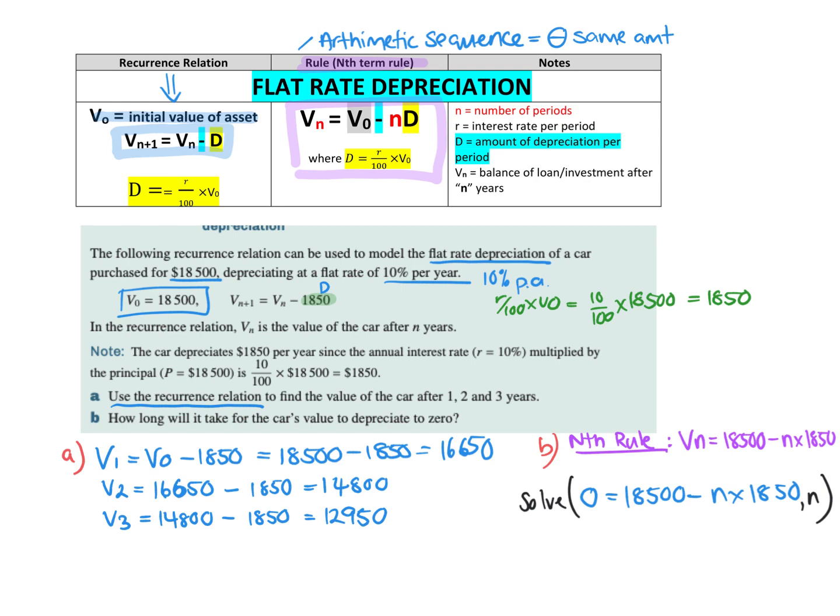So you do solve, and then you'll end up with n equals 10. Okay, so therefore, how long will it take it to depreciate to 0? 10 years to be 0. Now, what you need to also start doing with finance is think practically, okay? Because you will then pick up if you've accidentally made a mistake.